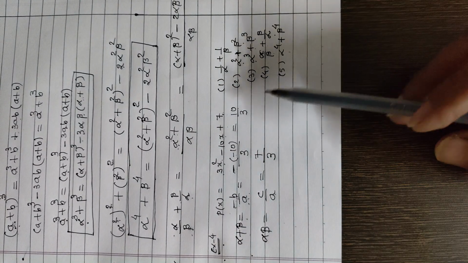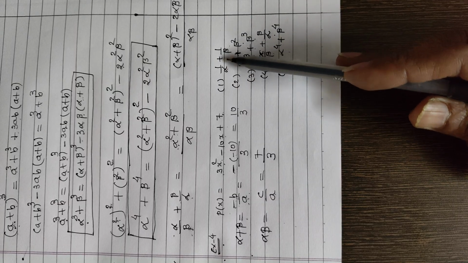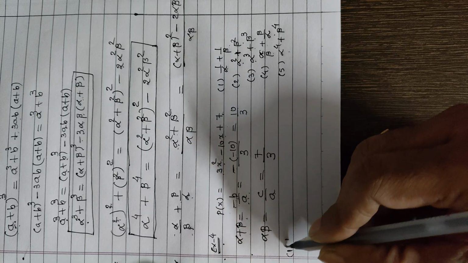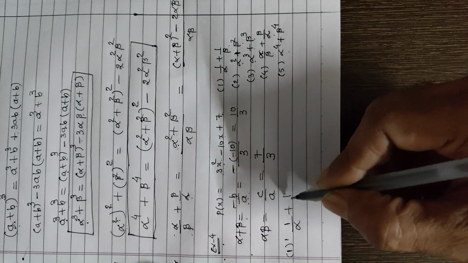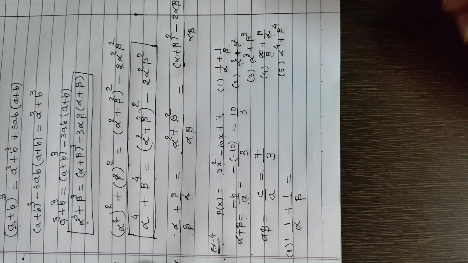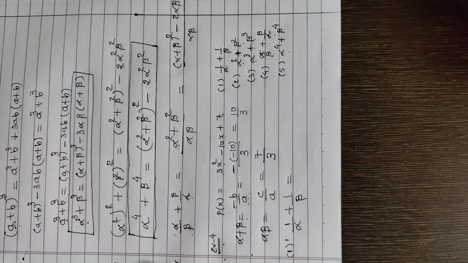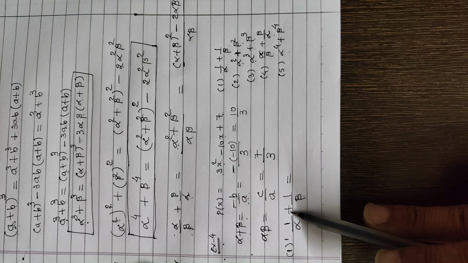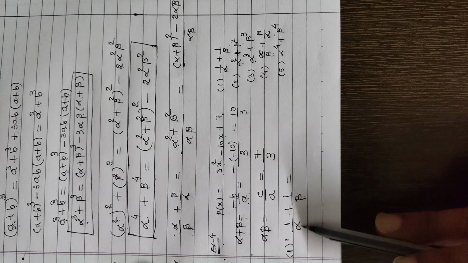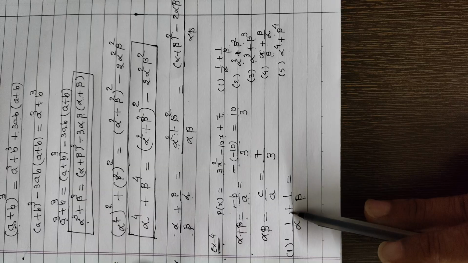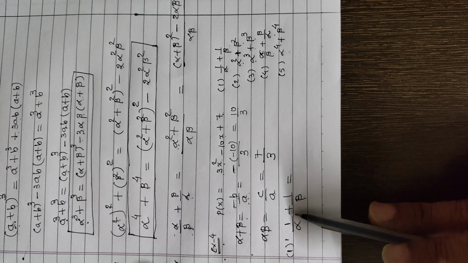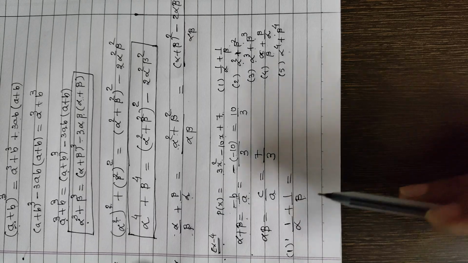Now I want to find out 1 upon alpha plus 1 upon beta. Denominators are given and a plus sign is given, that means we have to take the LCM. Beta is multiplied with 1, alpha is multiplied with 1, cross multiply.